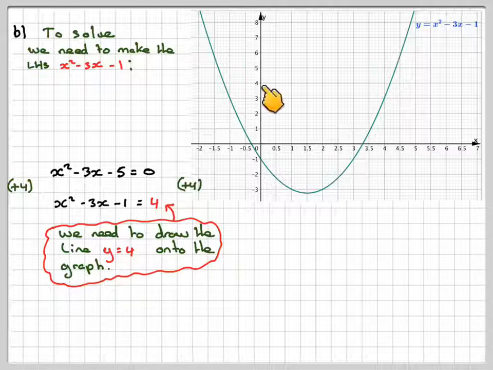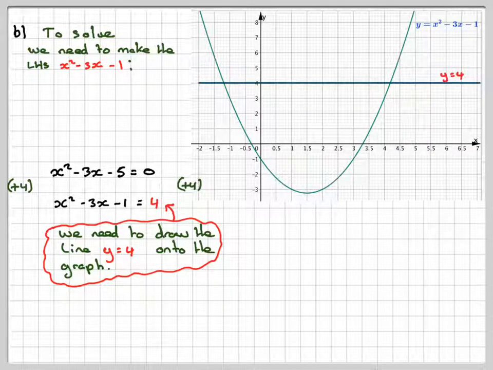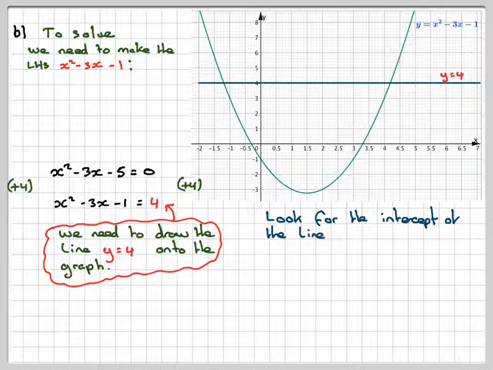Now, there is the point y is equal to 4. Everywhere along this line, y is equal to 4. So draw the line on as accurately as possible and write on y is equal to 4. And the intercept will give us the solution. So mark on the intercept. We're looking for the intercept of the line and the curve.